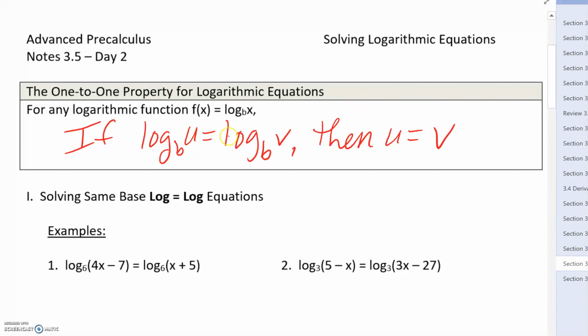So it's just kind of like these logs cancel each other out. So if you have the log of 4 equals the log of x, well then x has to be equal to 4.